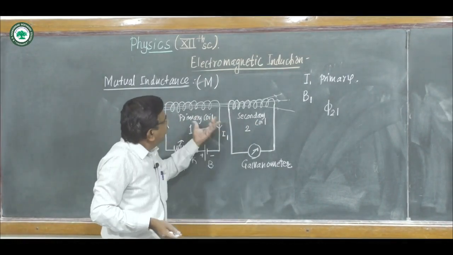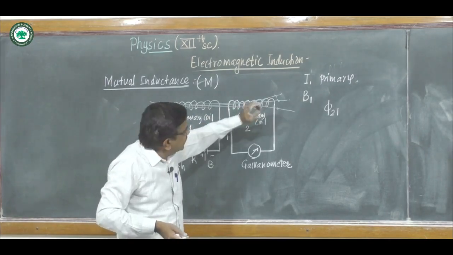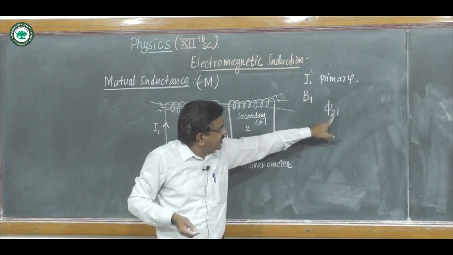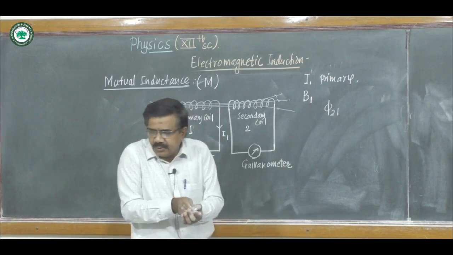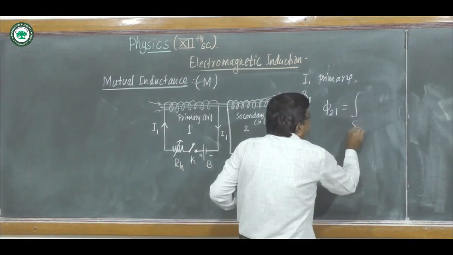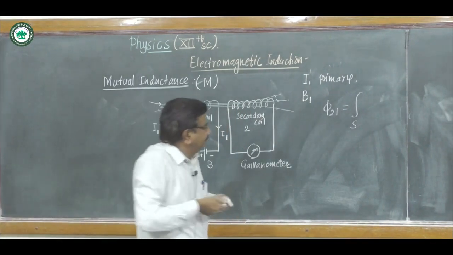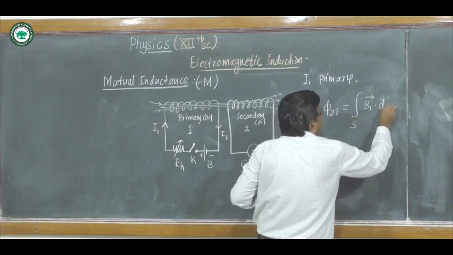This secondary coil is in the field of B1, and the magnetic flux in the second coil due to the first is phi 21, which is the integral of B1 dA.